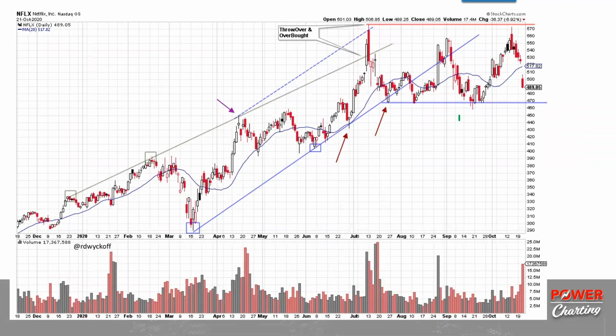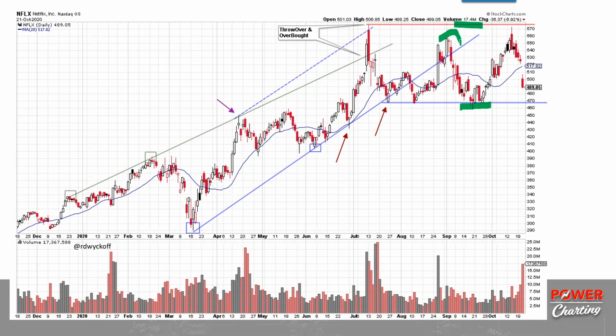Here is an interesting chart in Netflix. So Netflix has just turned down sharply. It is in the middle of the channel. We originally looked at this chart back in July, and we saw a buying climax, a sharp reversal, range-bound condition, resistance and support.